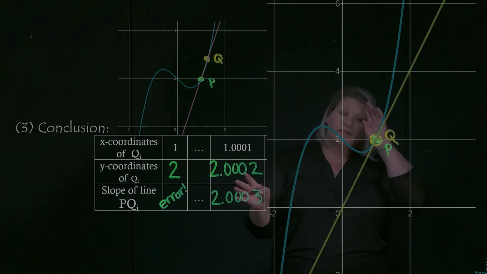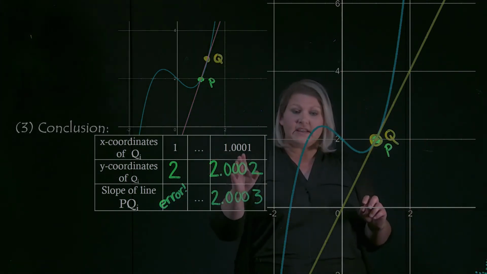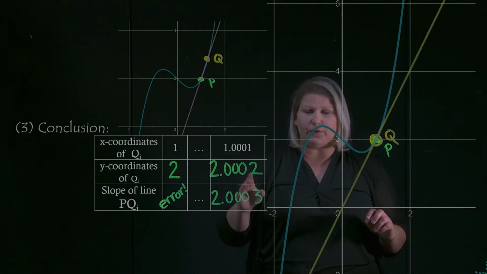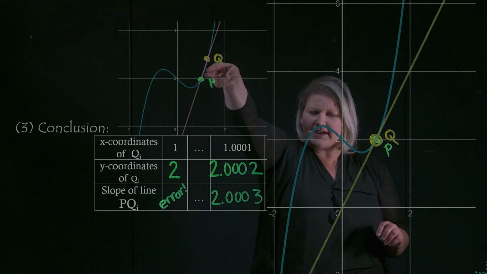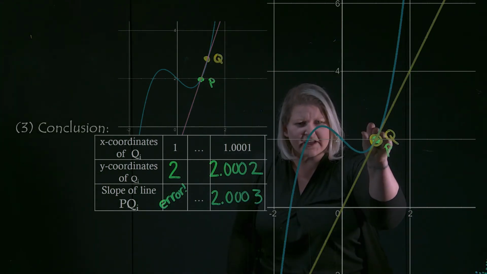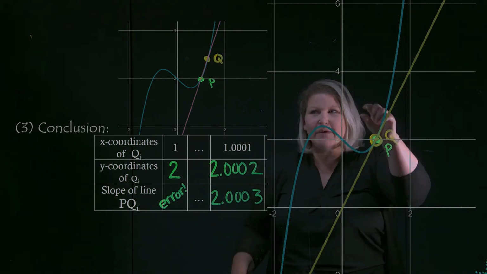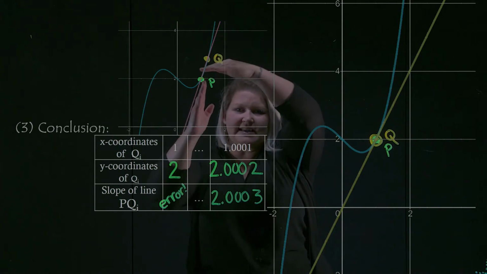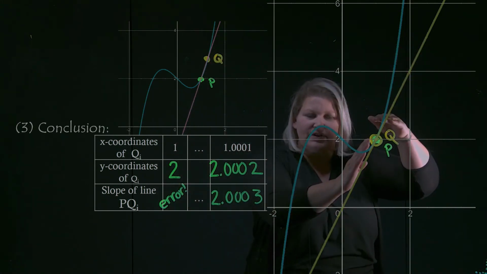So in conclusion, what we did was take point Q and smush it so that it was arbitrarily close to P. And what we did was turn that secant into a tangent.